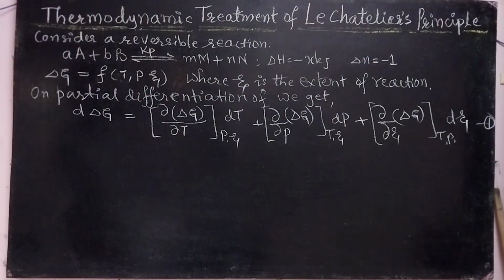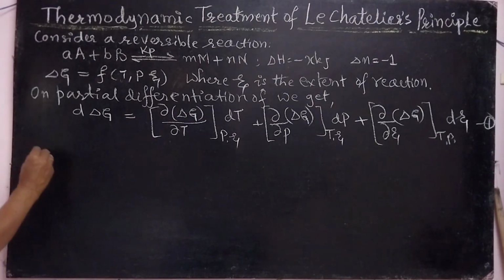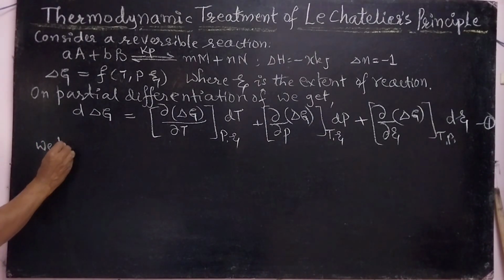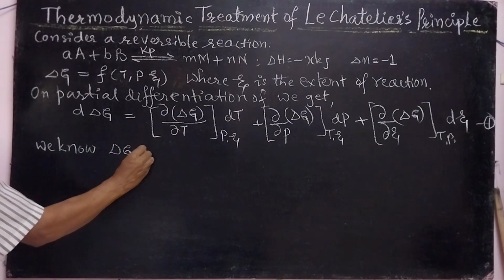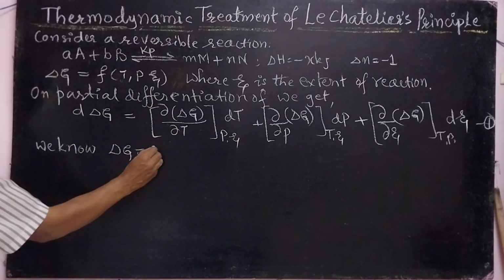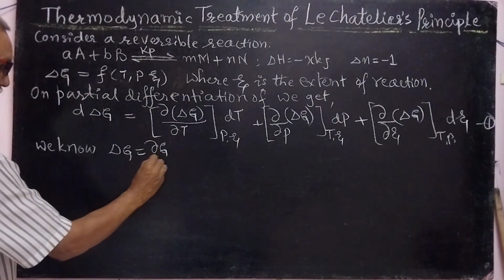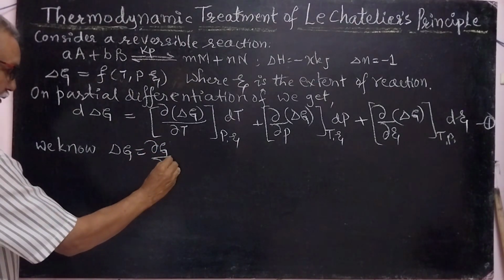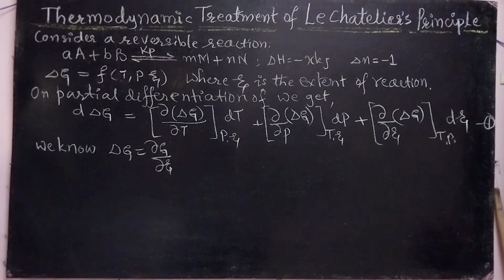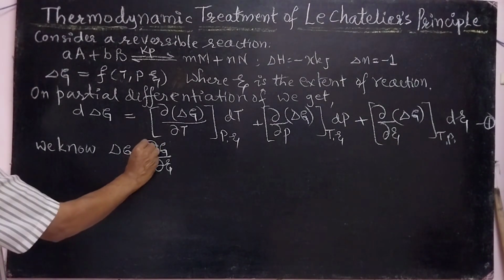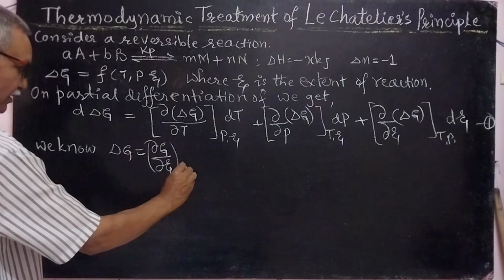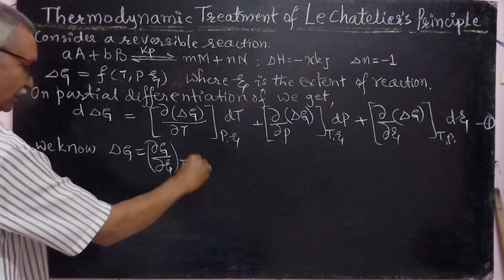We know delta G is equal to dou G divided by dou epsilon at constant temperature and pressure.